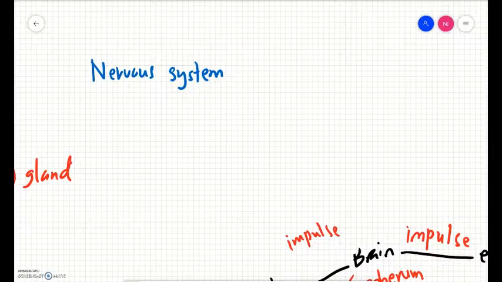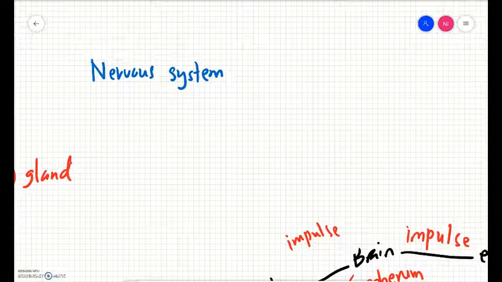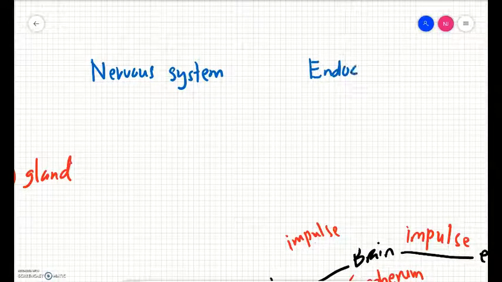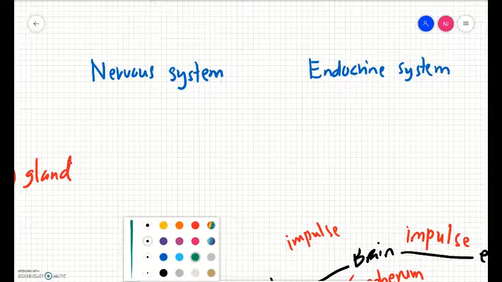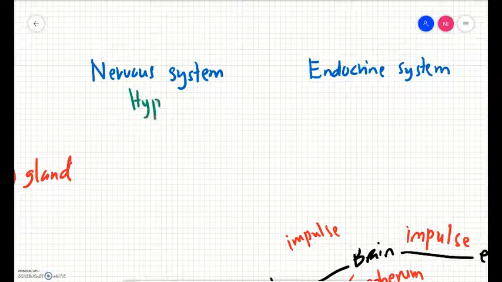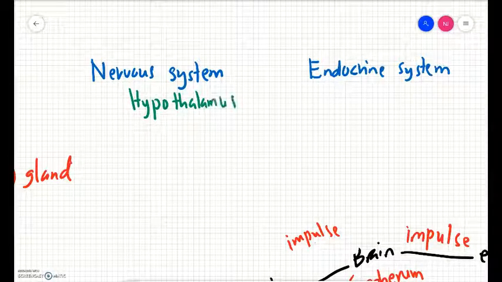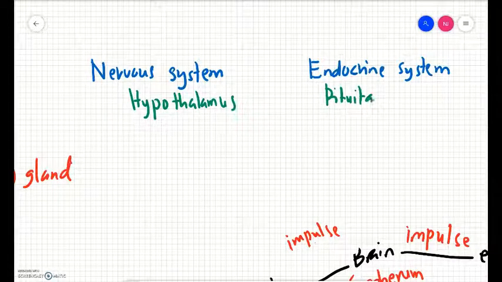This is our endocrine system, right? Okay, and then under nervous system we have hypothalamus. And under endocrine system we have pituitary gland.